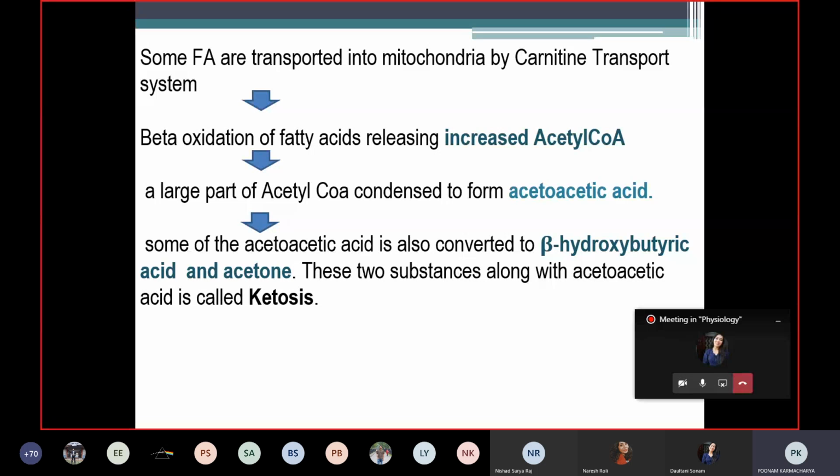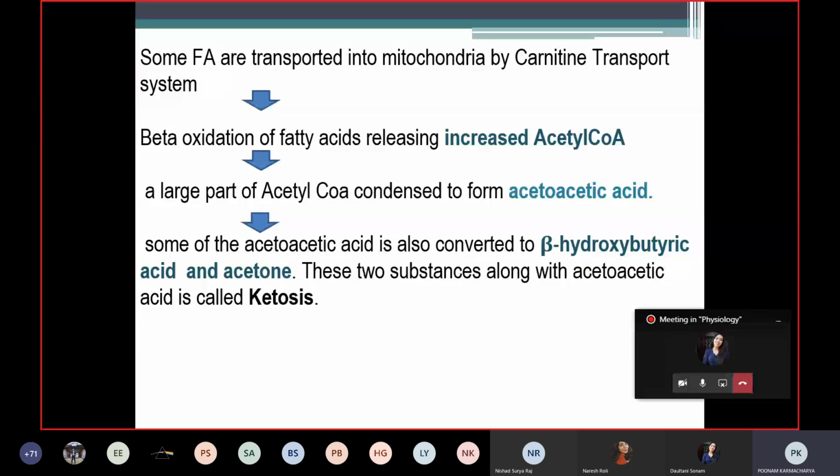Okay. So in the absence of insulin, what is happening? There will be breakdown of triglyceride from the fat cells by activating the enzyme hormone sensitive lipase. So triglyceride will be released into the circulation and that triglyceride will be broken down into fatty acid. This fatty acid will be transported to mitochondria.